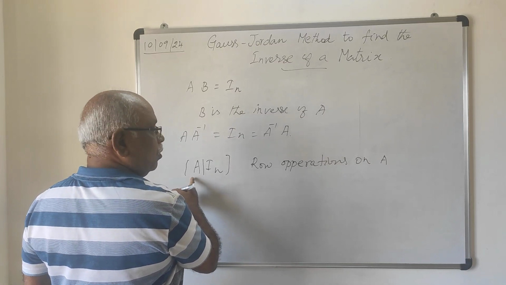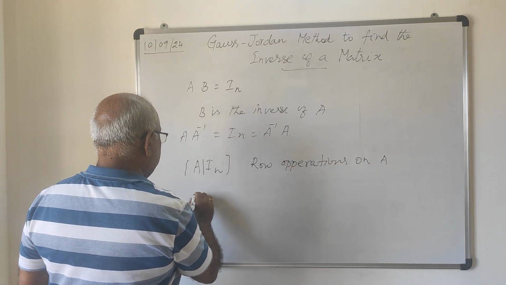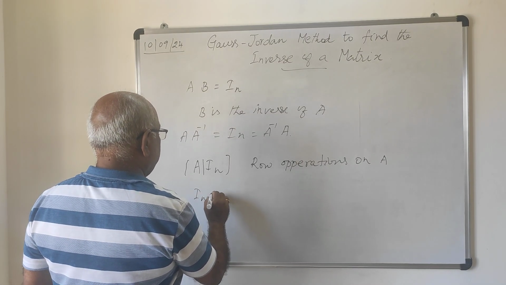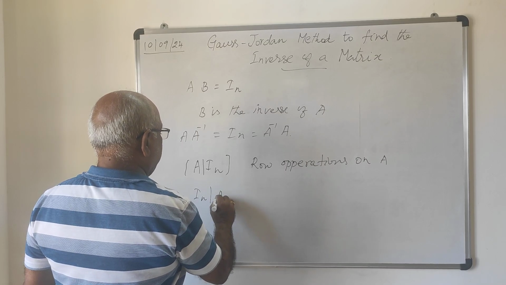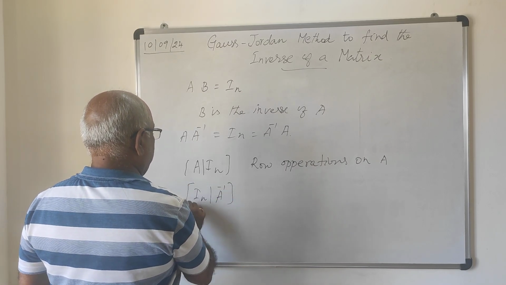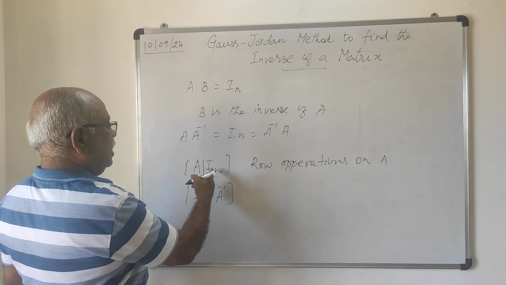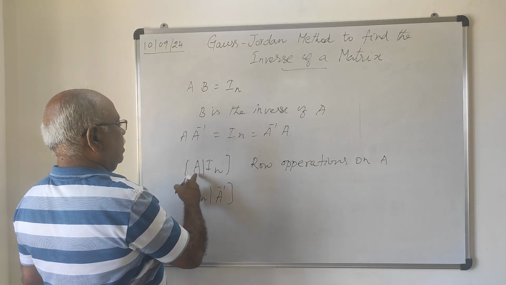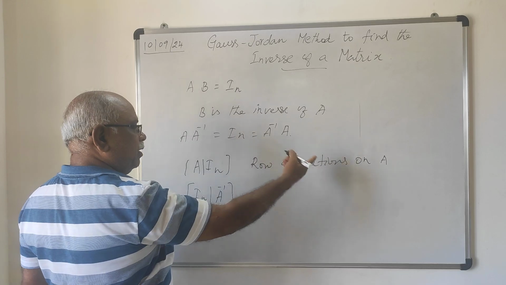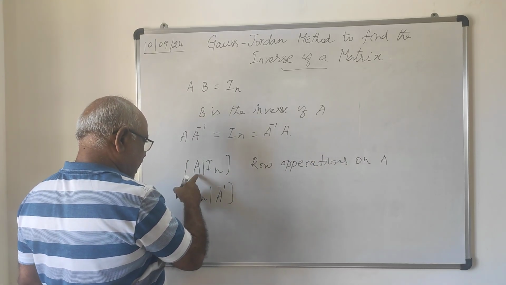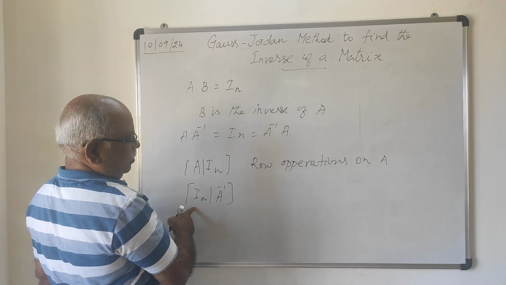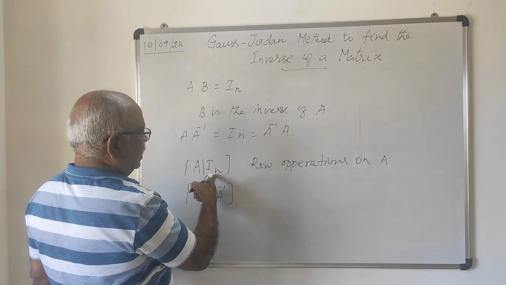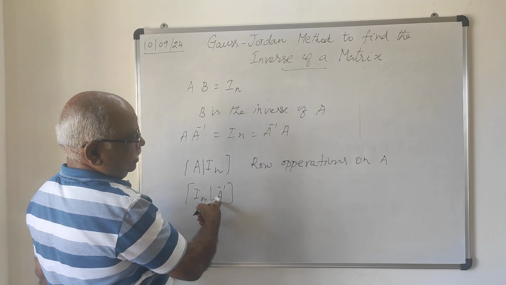After these row operations, A becomes the identity matrix of order n, and automatically I n reduces to the inverse of the matrix A.